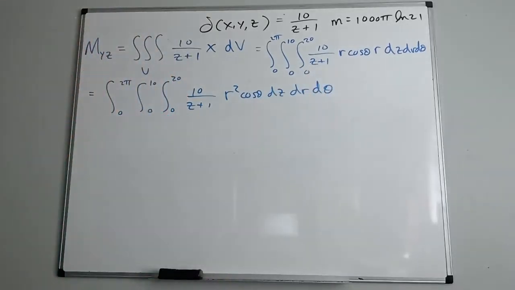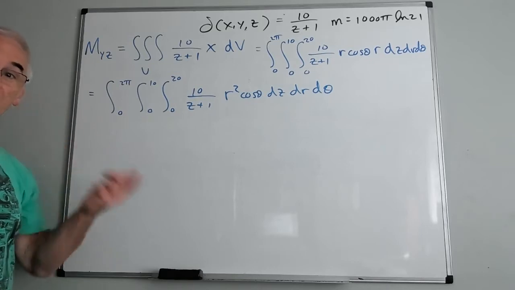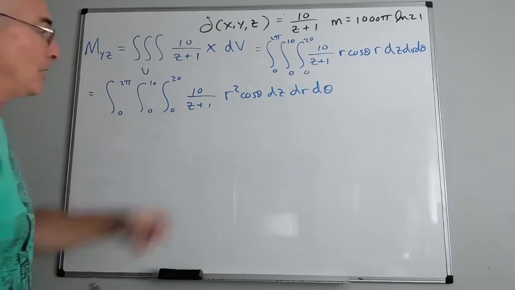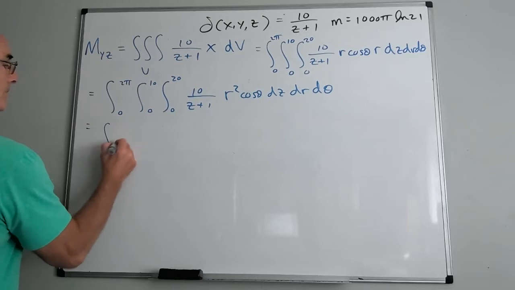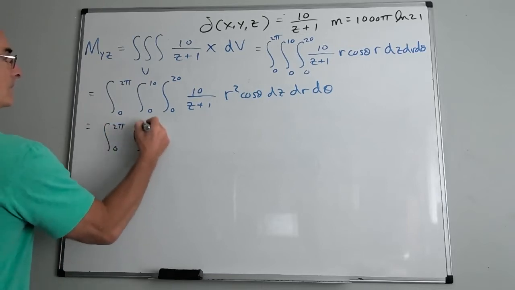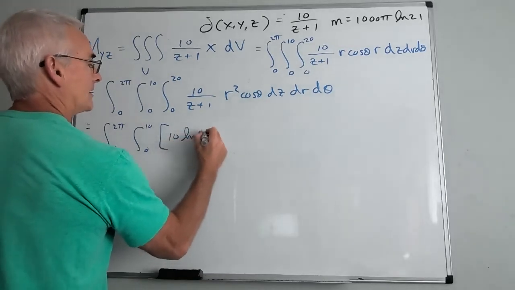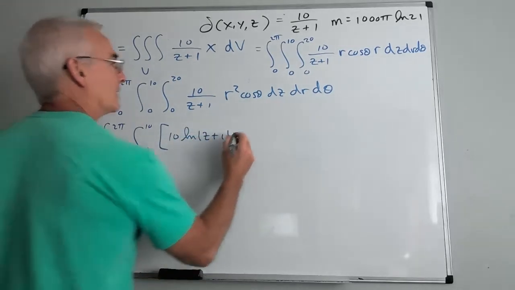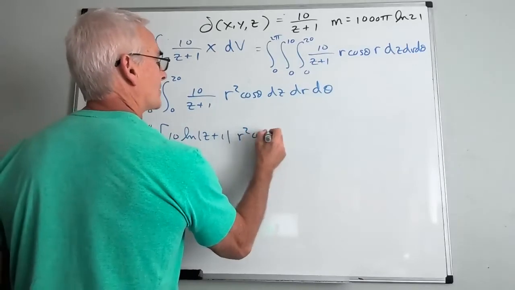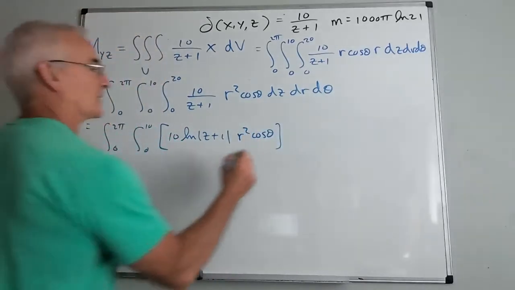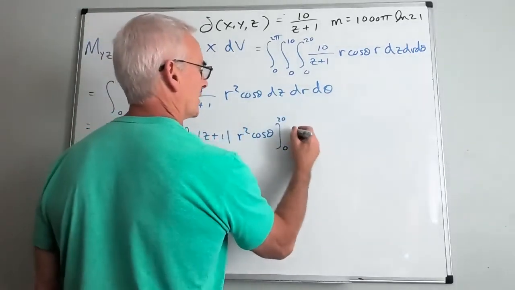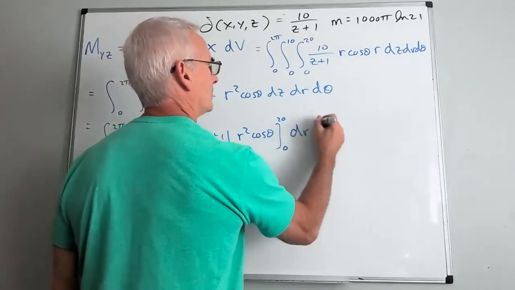There we go. My first integration again involves the z. And since there's no other z there, that's just going to be a natural log again. So I'm going to have 10 ln absolute value of z plus 1, r squared cos theta, evaluated from 0 to 20. So this is going to look like the other problem.